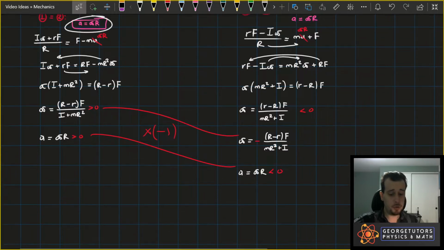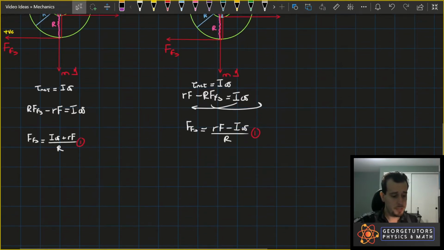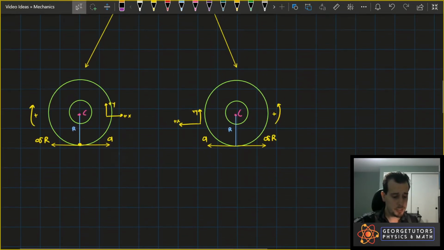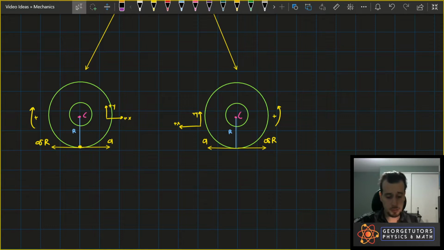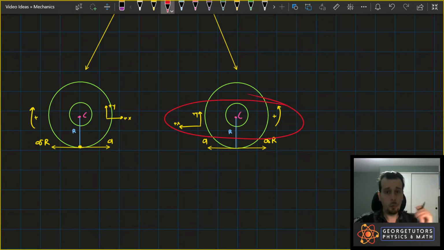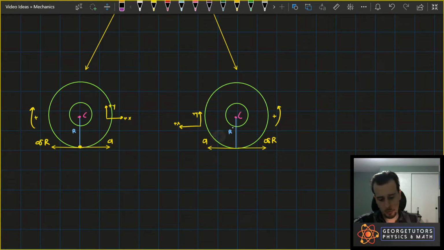What really matters, if you see what I've done here, is that as soon as I make those choices for the acceleration, I am consistent with what is to be positive. If I had chosen, for example, this way to be positive right now, I would get the completely wrong answer at the end of the process, right?